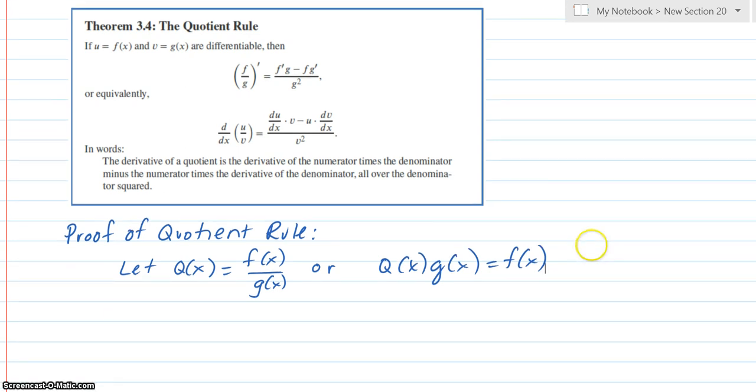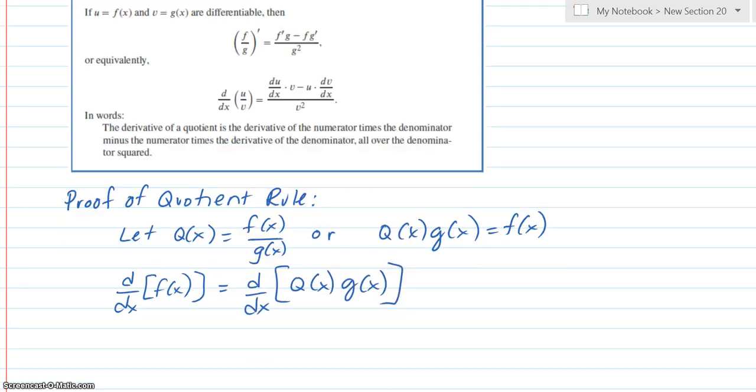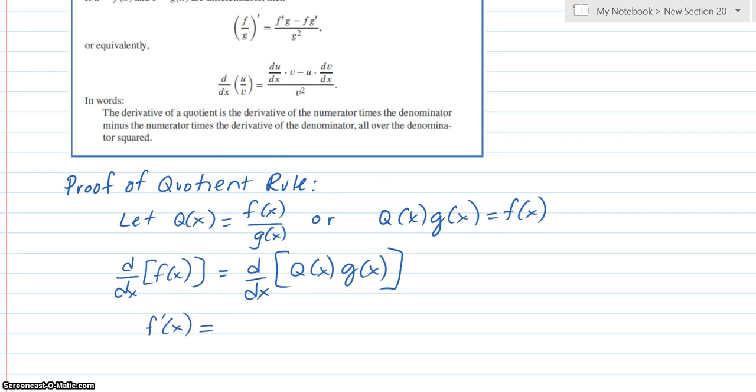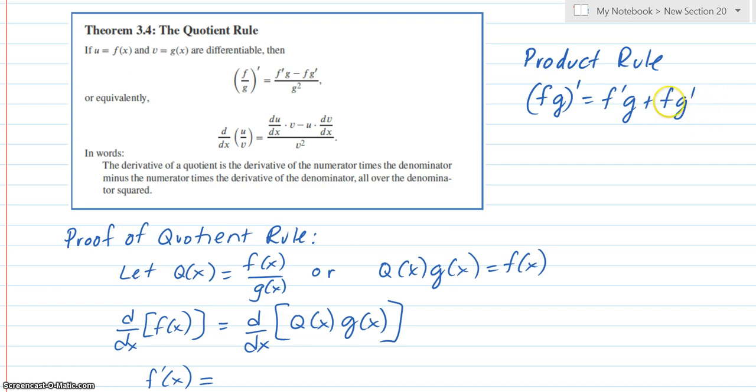I'm going to put the f of x first, so I'll say the derivative of f of x is equal to the derivative of q times g. The left side is just f prime of x. We'll use the original notation. And this we know from the product rule. I proved it in the last video.